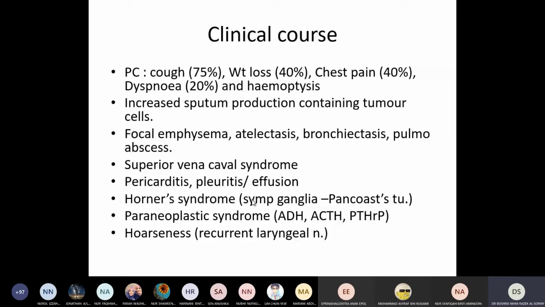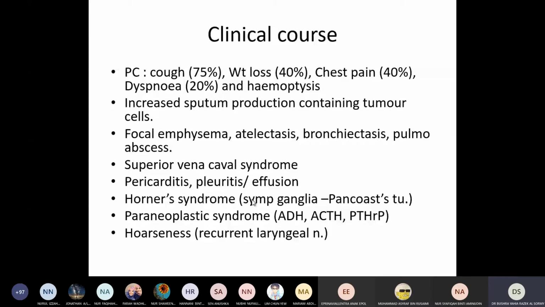So we have to investigate the lung for ectopic secretion of these hormones. Sometimes patients have Horner syndrome, or hoarseness of voice, because the tumor invades the recurrent laryngeal nerve.